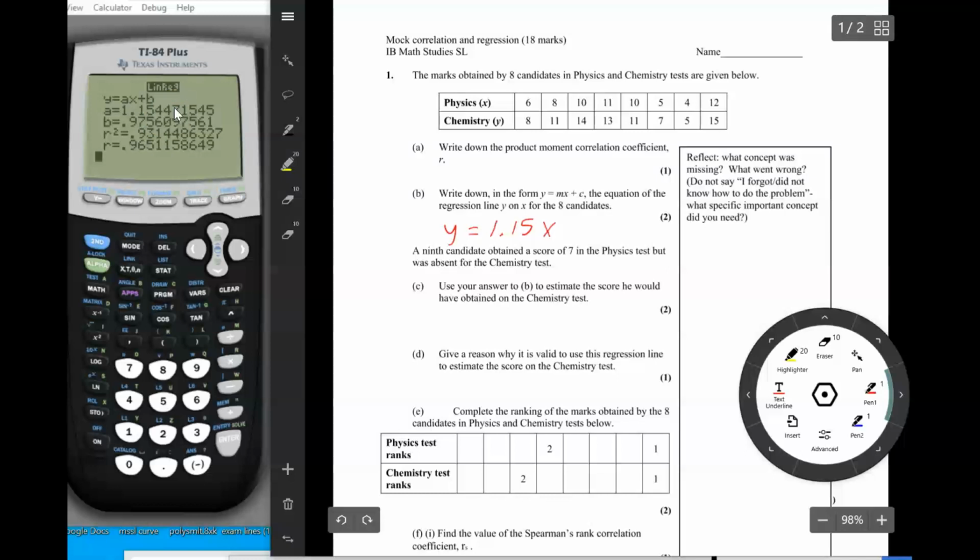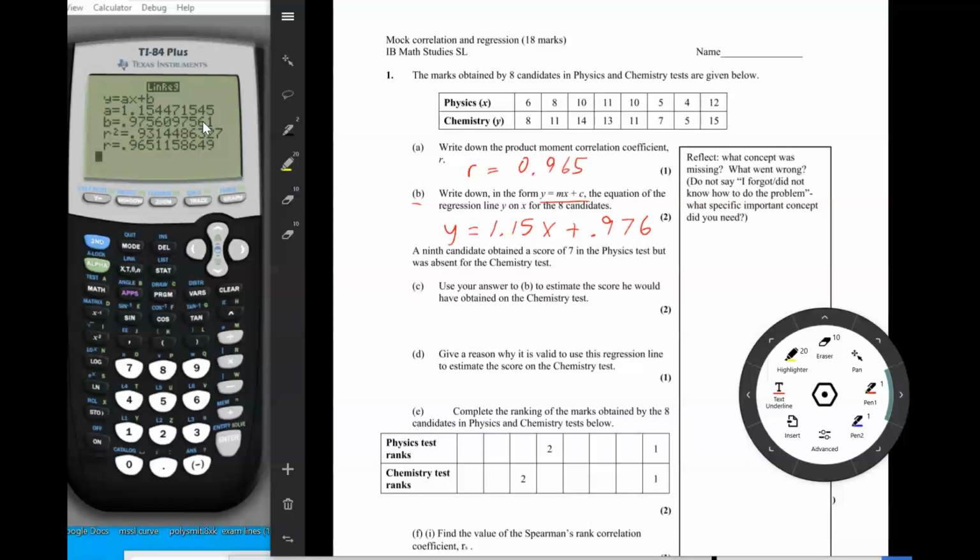X plus B value, which is 0.976. And we put it in B because they're asking for that information for B. Okay, and our R value, they're asking for it in A. So the R value is 0.965.